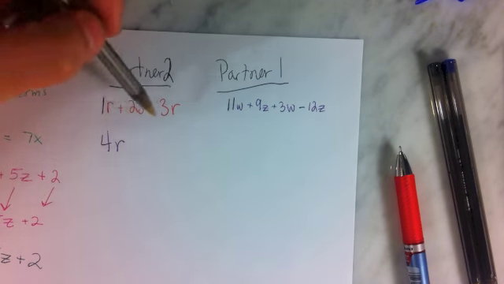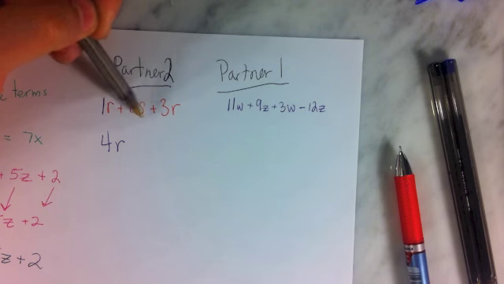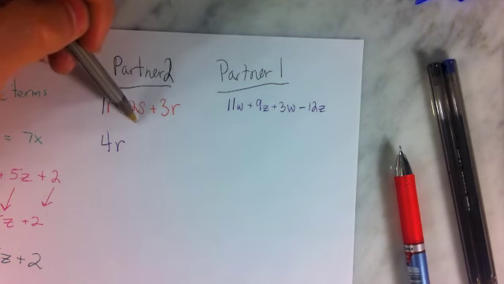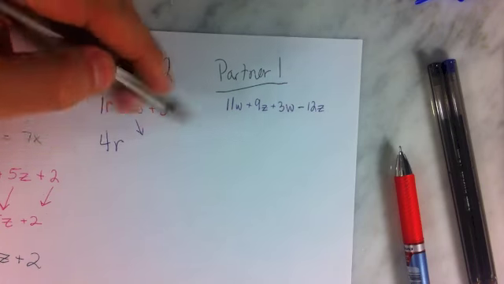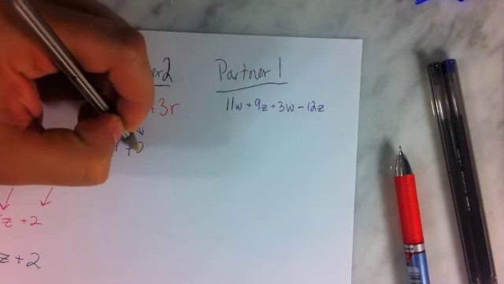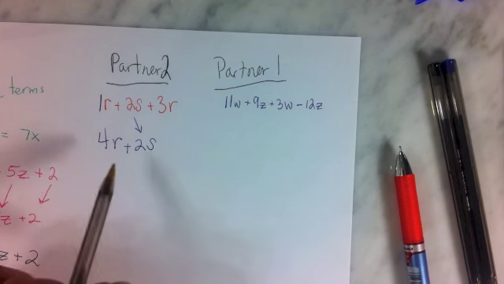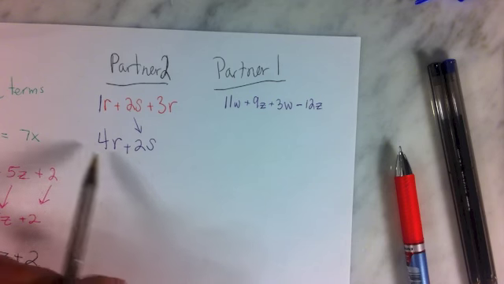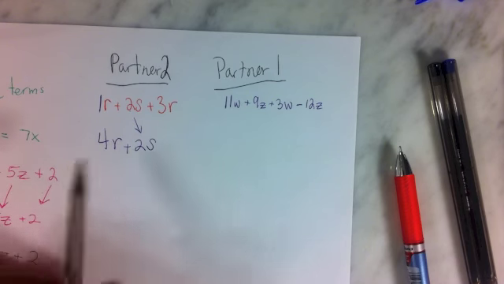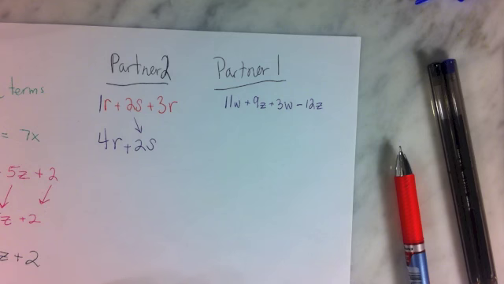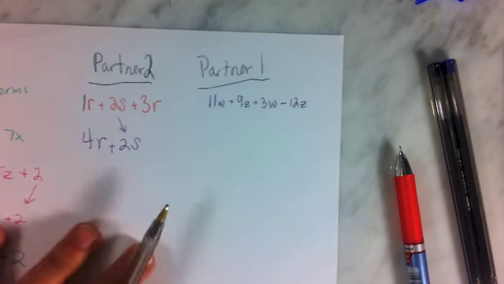Okay, so we have 4r now. And then the 2s does not have any like terms, so we just keep it down in our final answer, plus 2s. You should have 4r plus 2s, or you could have had 2s plus 4r. It doesn't matter because we're adding, and we have the commutative property of addition, which says the order you add does not matter.